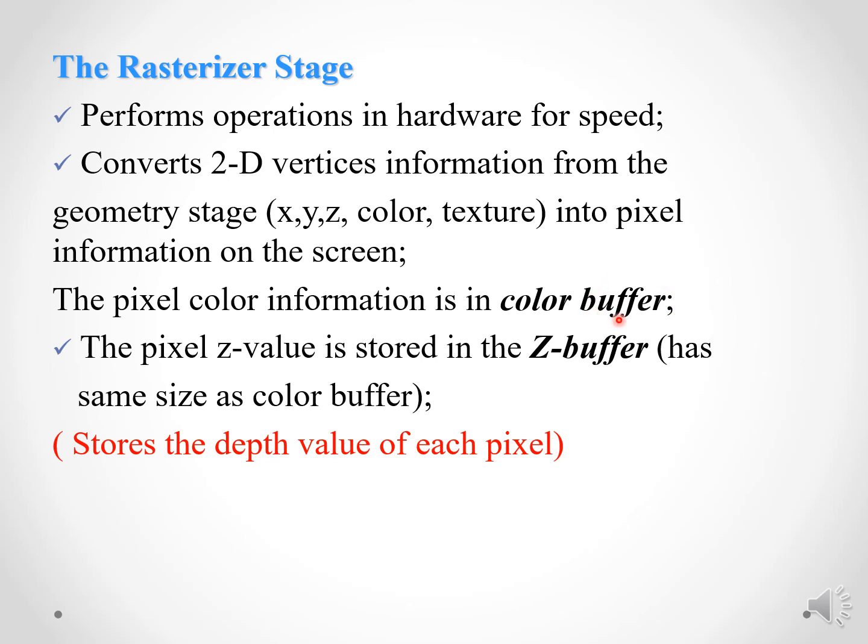It is used to hold the data right before it is used. So color information is stored inside the color buffer, and the pixel z coordinate value will be stored in the z buffer, and this z buffer has the same size as the color buffer.